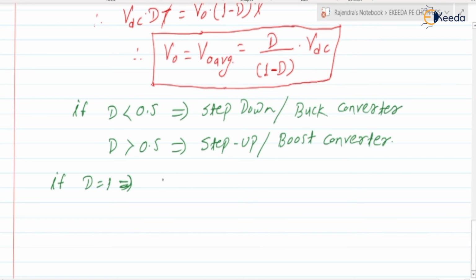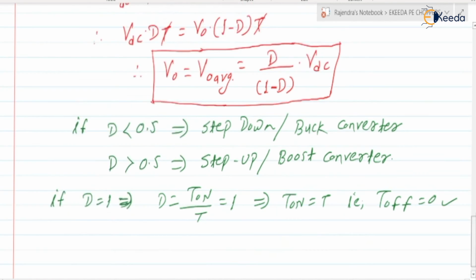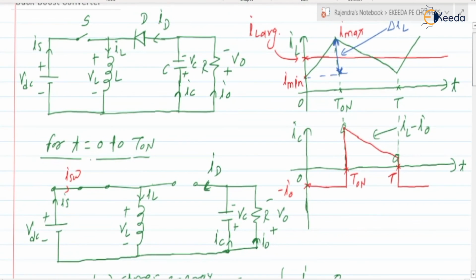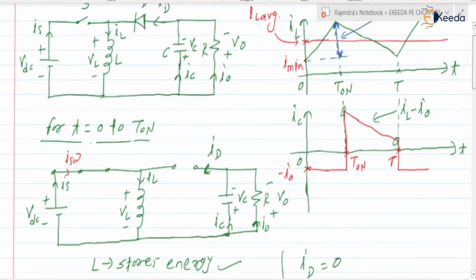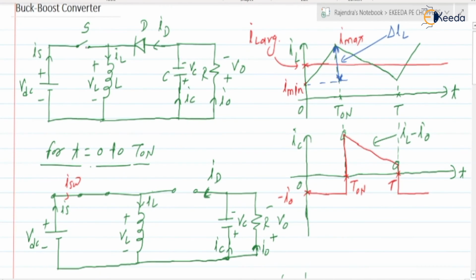If d is equal to 1, we know d is t on by t, which is equal to 1. This indicates t on is equal to t only, which means t off is equal to 0. But if t off is 0, the off time is absent. When the switch is in the on state, the inductor stores energy and the capacitor discharges.